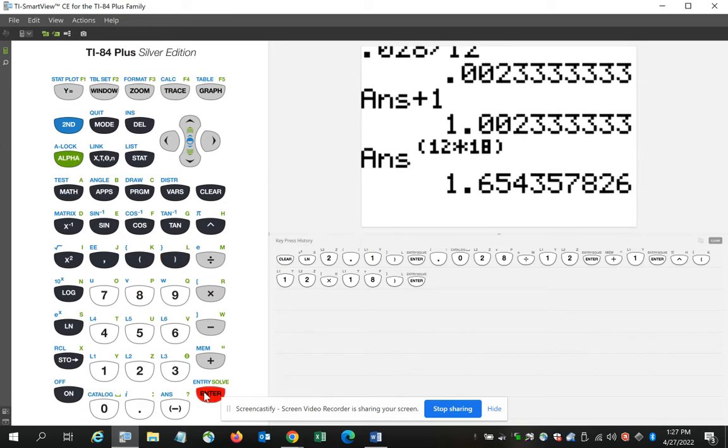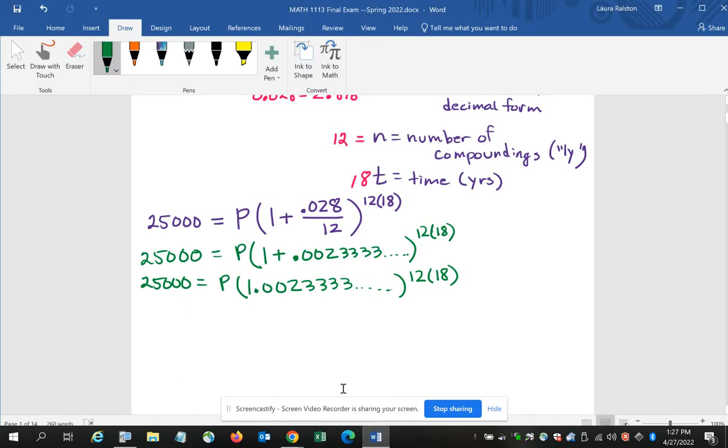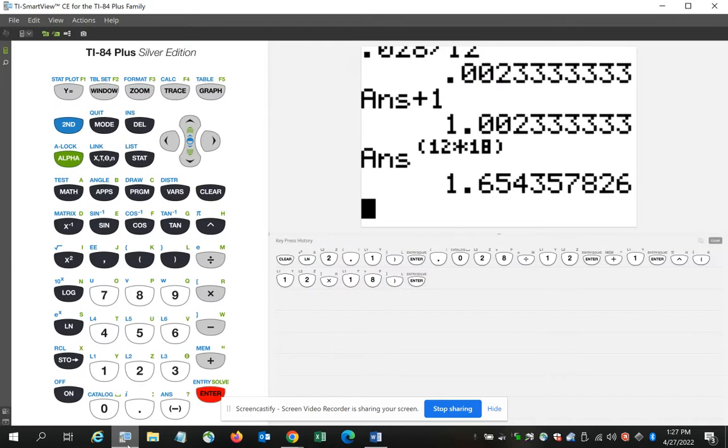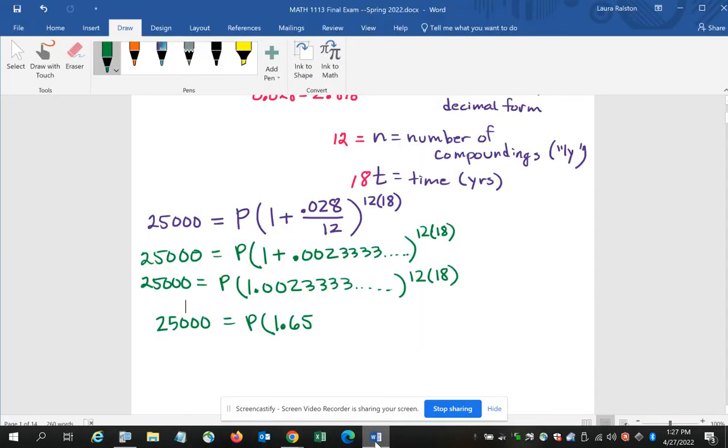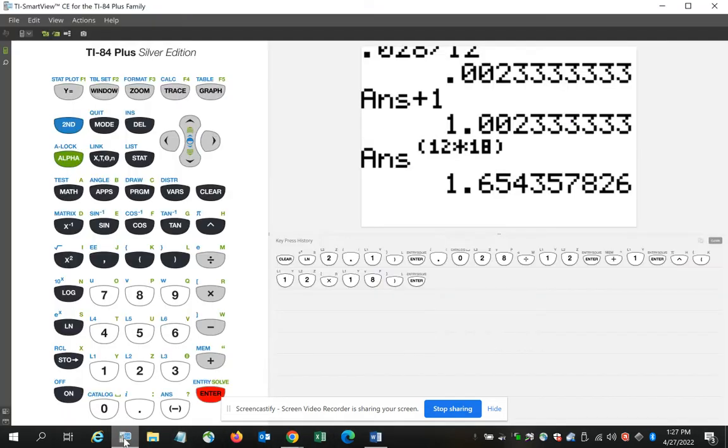So I raised that to that power, and when we do that, we get 25,000 equals P times 1.653457826.